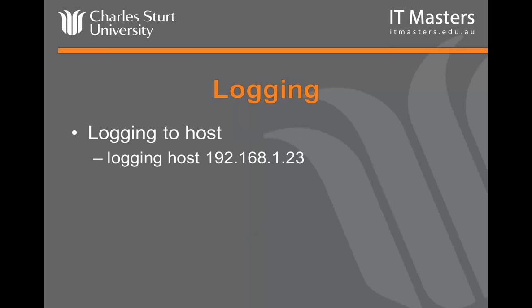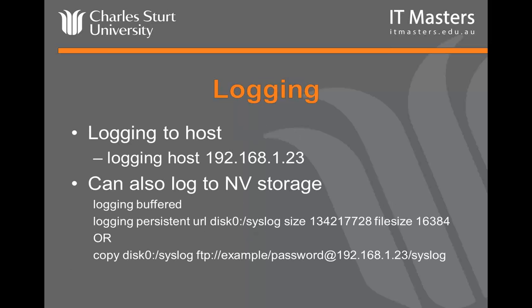Logging, again an obvious one, not because it stops anything from happening, but it gives you a way to backtrack and do your investigations. So logging host 192.168.1.23, that's who we're going to log to. You can also log to your non-volatile storage, which is quite nifty, and this is how you would do that with the command line.